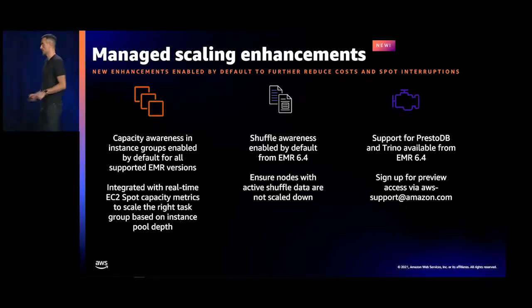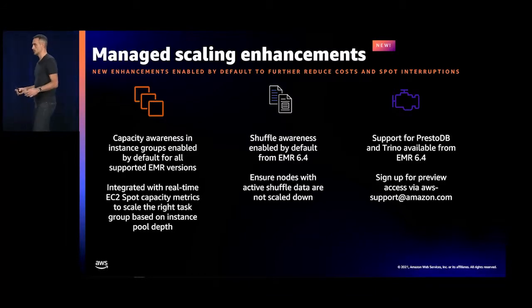Another optimization that we are bringing to this managed scaling is the shuffle awareness. A brief recap on the shuffle data in Spark. Shuffle data is transient or intermediate data that is used for processing your Spark application. And if Spark loses this intermediate data, it needs to reprocess your data starting from a previous state and sometimes from the beginning.